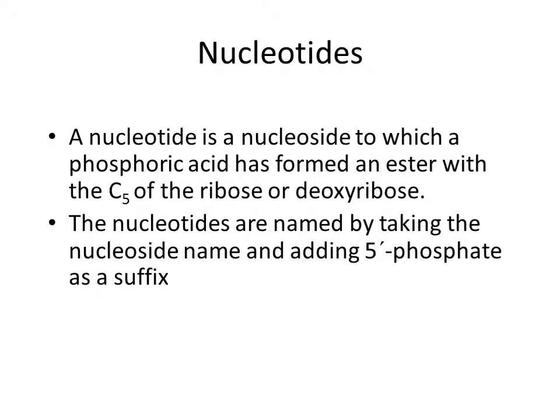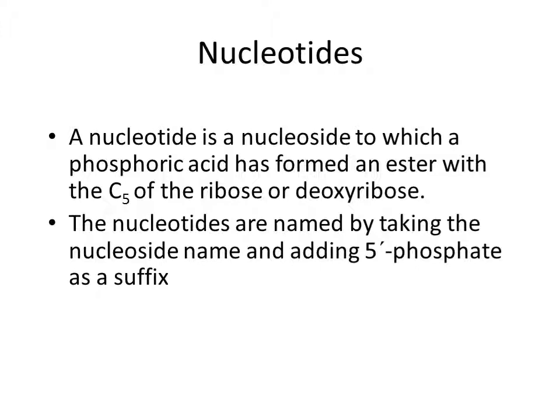A nucleotide is just a nucleoside to which a phosphoric acid has been attached as a phosphate ester. So basically, phosphoric acid is attached to the alcohol group on the C5 carbon of ribose or deoxyribose. The C5 carbon is going to be the carbon that is sticking up from the ribose or deoxyribose ring.